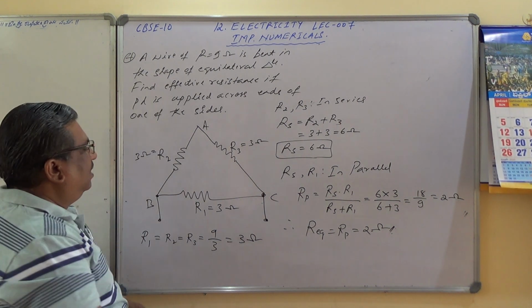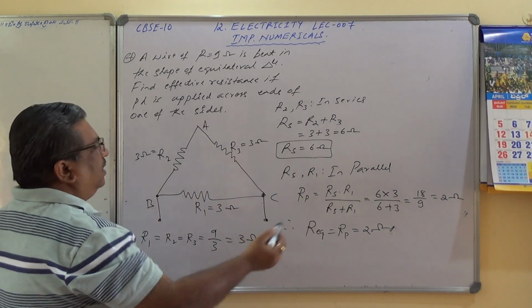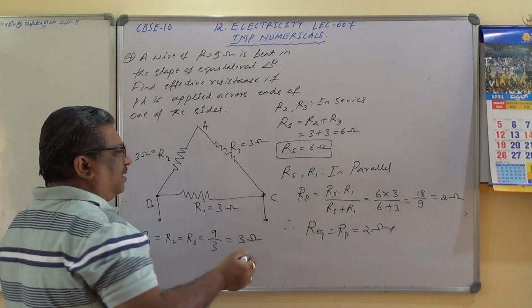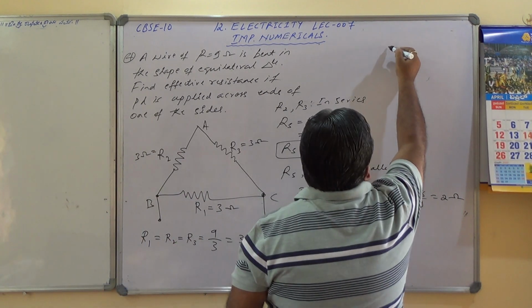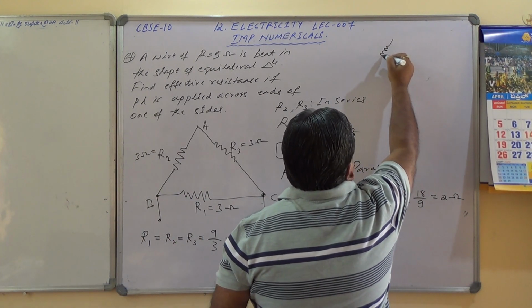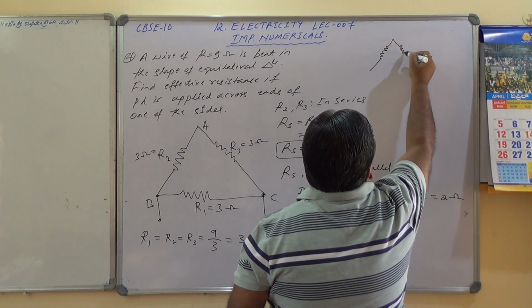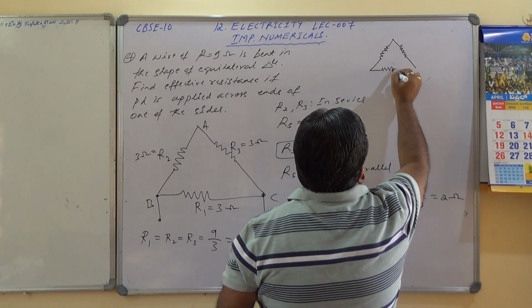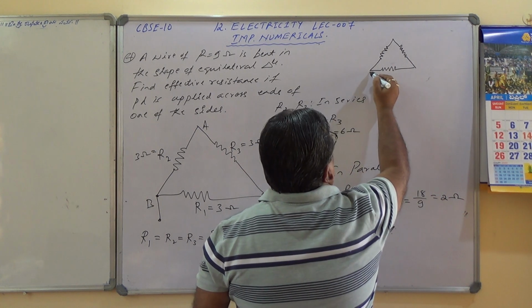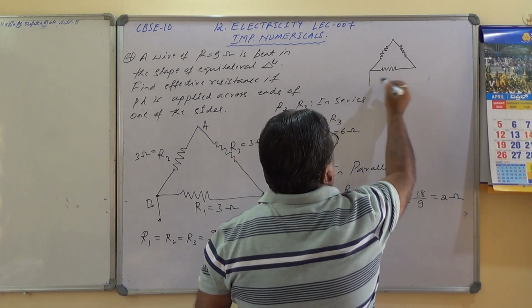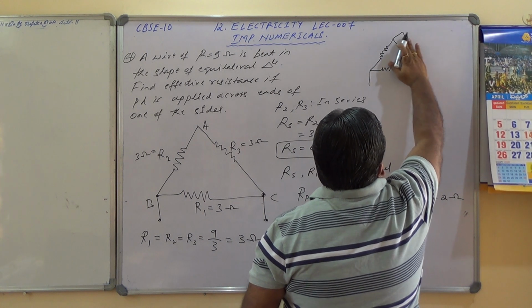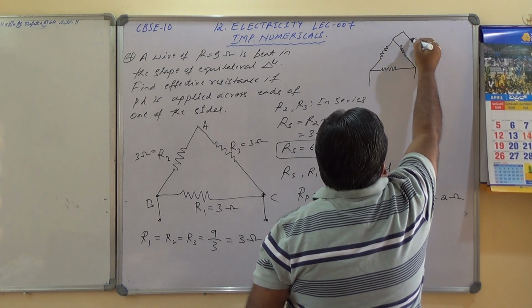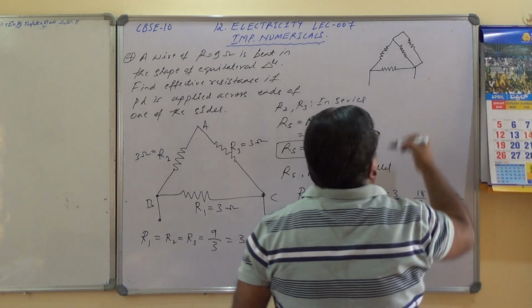A small thing, sometimes you will get one more, a totally different numerical. Here itself I will explain. See, resistance will be given to you, and here they will connect one more resistor. Like this.